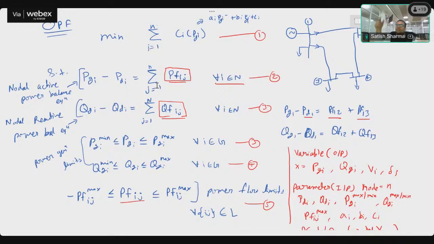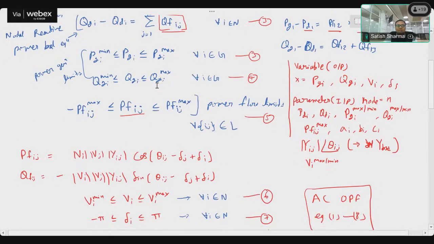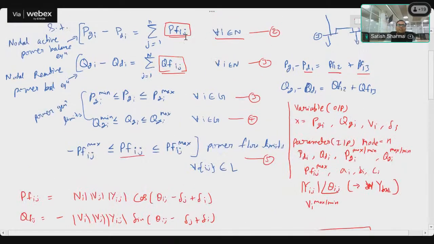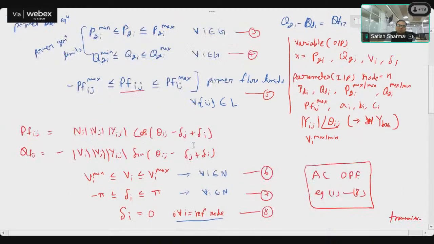We have to define the dependency. Even if I write down these two equations which I have mentioned here, I can have two more extra equations, and I have defined that PF and QF are this. So I have made that dependency.